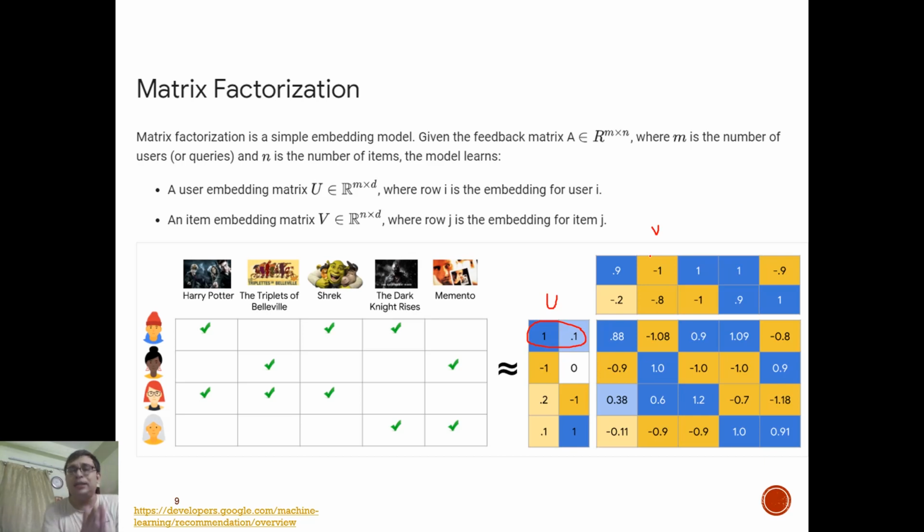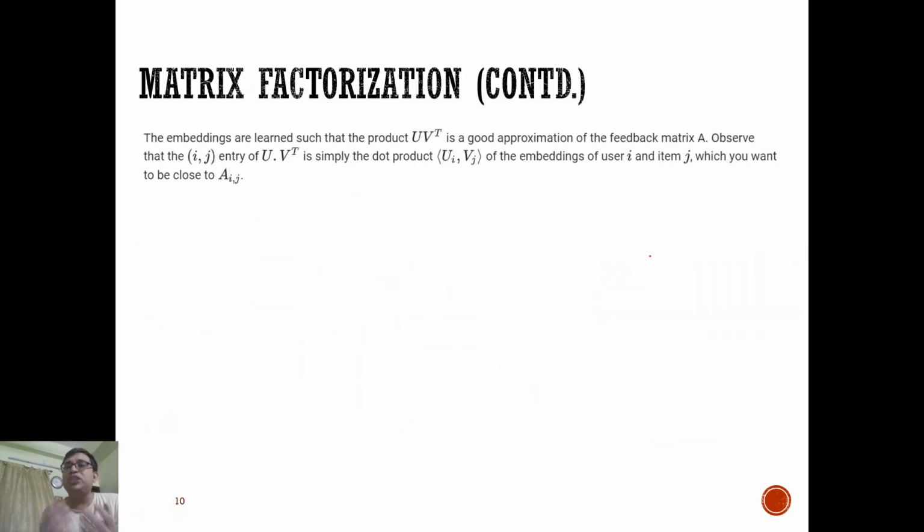Now let's try to understand how I find U and V. As we do in all machine learning problems, we are going to use an objective function. Basically I am going to multiply these matrices, where I will need to take a transpose of this vector and multiply, and I will get an approximate rating.